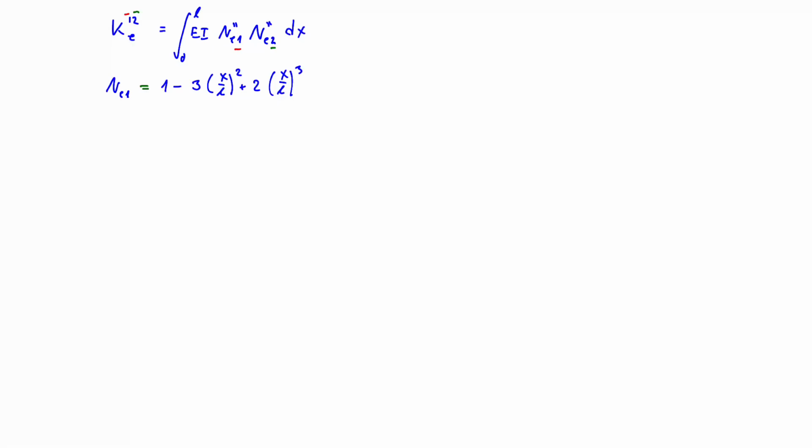If we're going to differentiate that once, then the first term vanishes, the next one will become minus 6x divided by L, and we need to differentiate the internal argument function as well, so that gives us 1 divided by L. Then we'll get plus 6x divided by L to the power of 2, and again 1 divided by L, because we differentiate with respect to x and not x divided by L. And then we can finally get the second derivative, like this, by differentiating the upper expression once more.